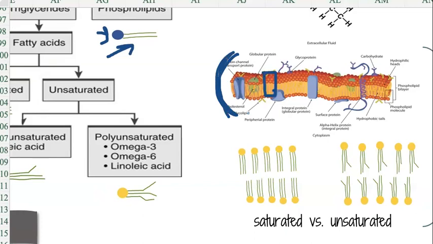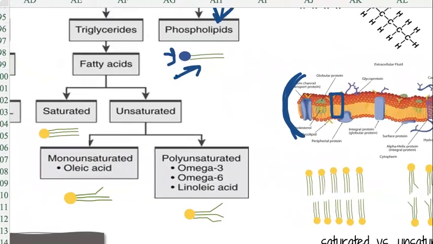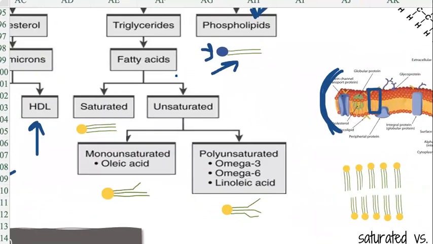You've got the phosphate head and the fatty acid tail, and depending on which parts of them are hydrophobic, they sit this way. Anyway, I don't want to break all of that down for you. All you need to understand is that the backbone of a cellular membrane is your phospholipids. So we need a good number of those in our body, right?